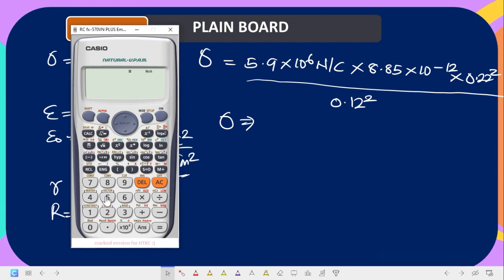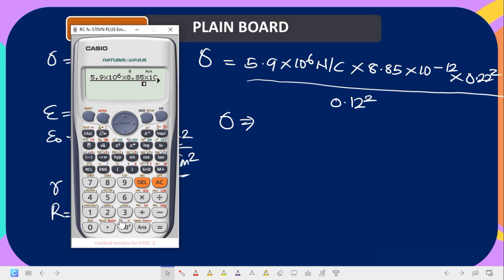When you punch everything into your calculator, we have 5.9 times 10 to the power of 6, times 8.85 times 10 to the power of minus 12, then times 0.22 squared.